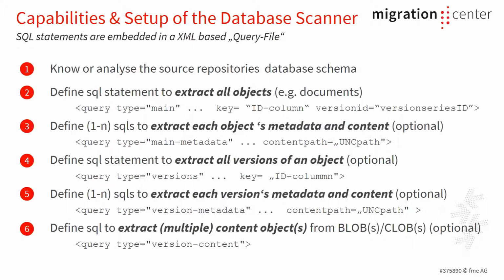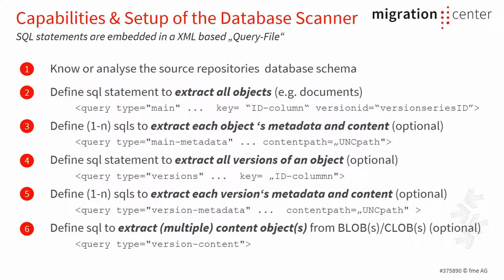Once you know this database schema, you will start extracting the content. First step is that you extract all objects from your source system. The respective SQL statements are all defined in an XML file.